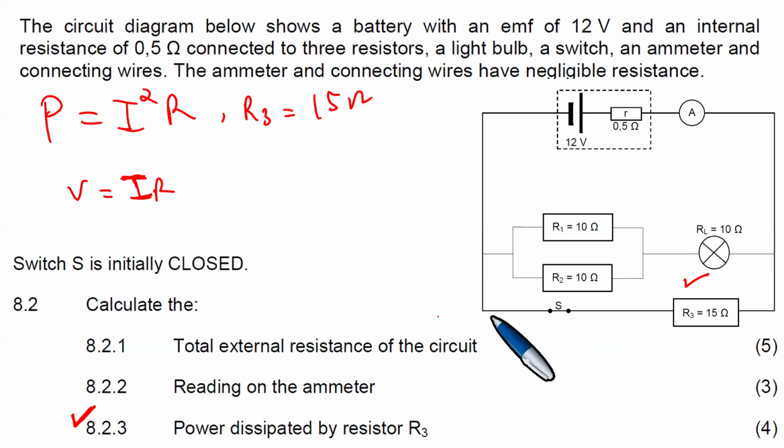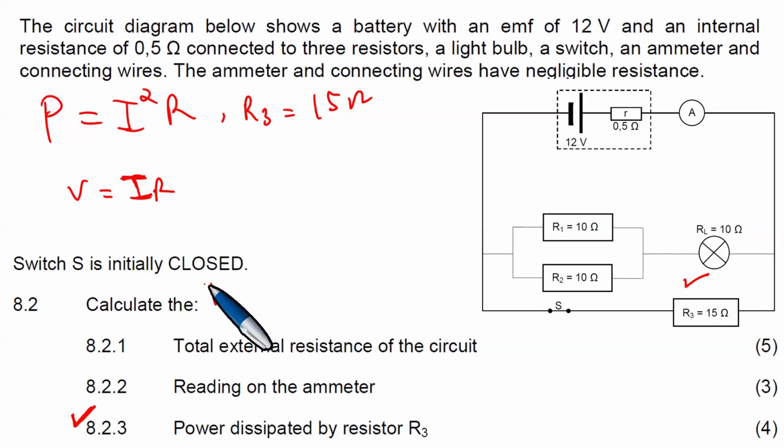So obviously, if you use V equals IR, we have already found the potential difference across this here.